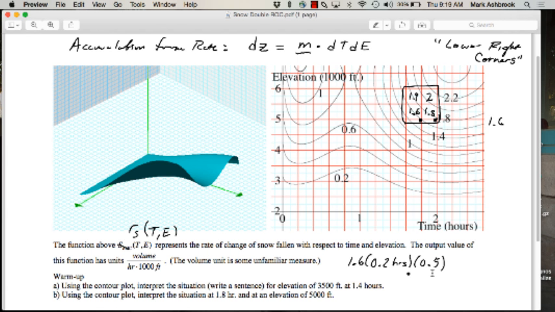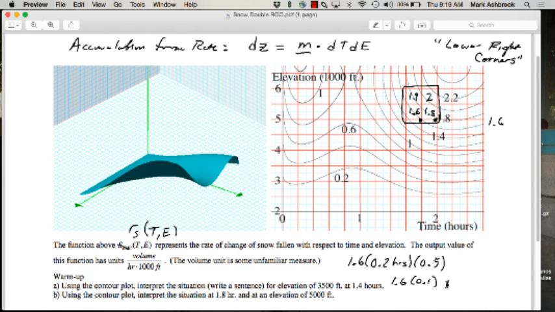So all the squares are going to have this dt dE. What is that, 0.2 times 0.5? That's 0.1. Okay, so our dt times dE for all these is just going to be 0.1. So we're going to do 1.6 times 0.1, and that'll be the little bit of accumulation for this rectangle.